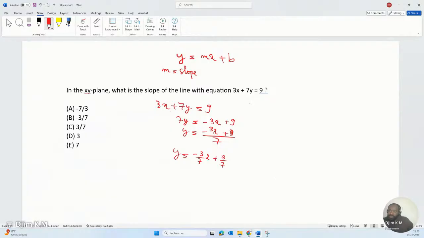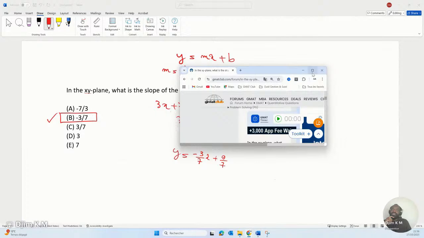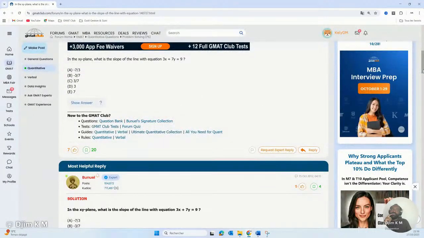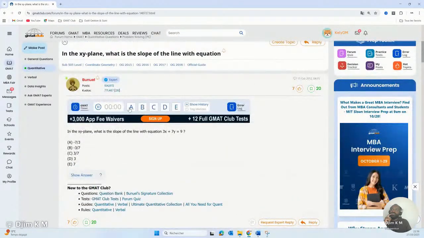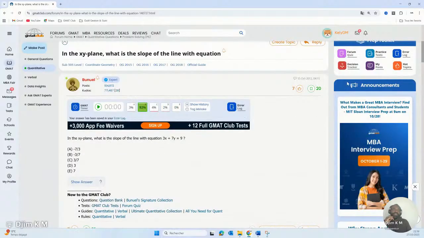So is it this one? I'm not quite sure, but I think that might be the answer. Let's just check. So answer B. Yeah, answer B is the answer.